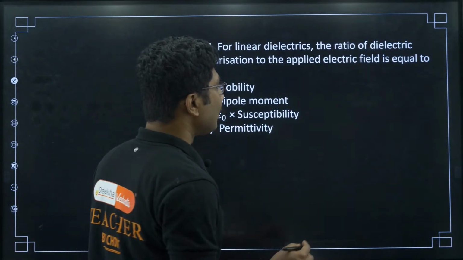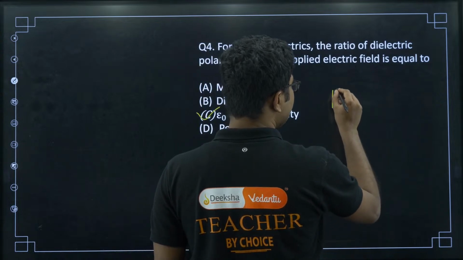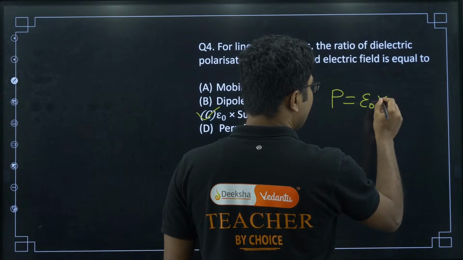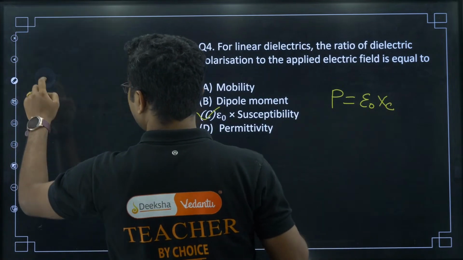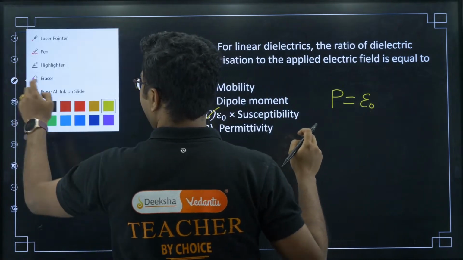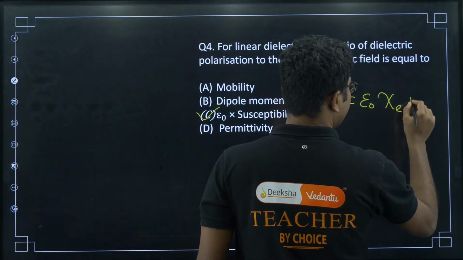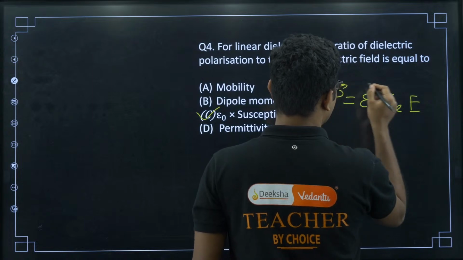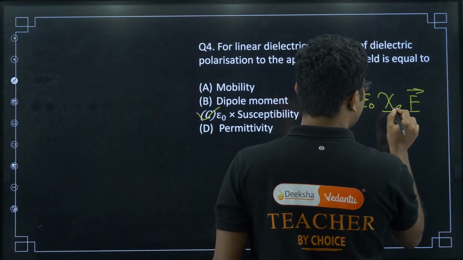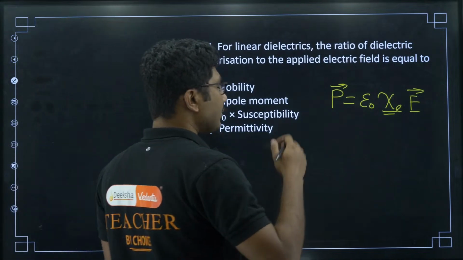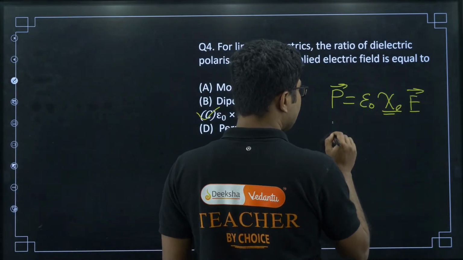Now, what is the formula that I was talking about? Polarization is basically epsilon naught chi E into electric field E. This is a vector quantity, and chi E is a dimensionless constant called electric susceptibility, which is different from magnetic susceptibility.